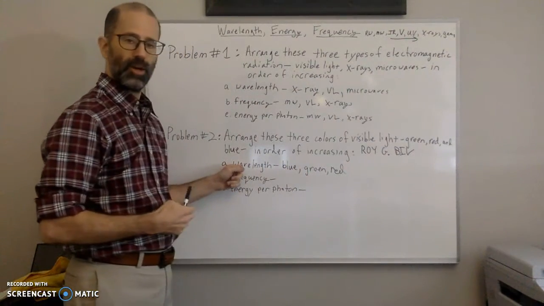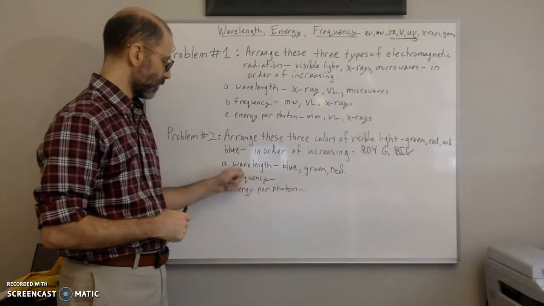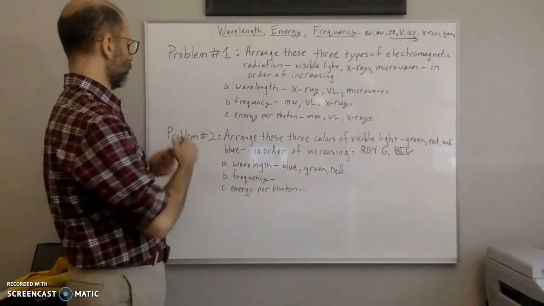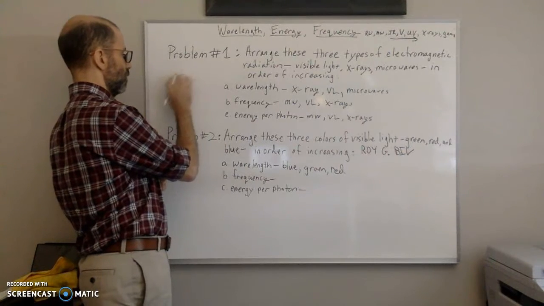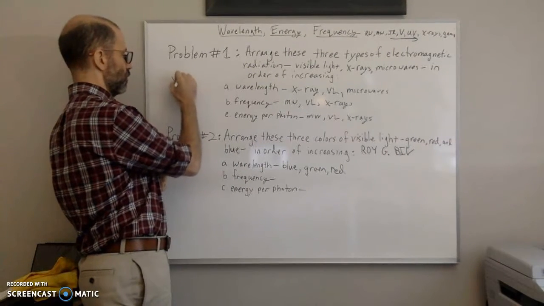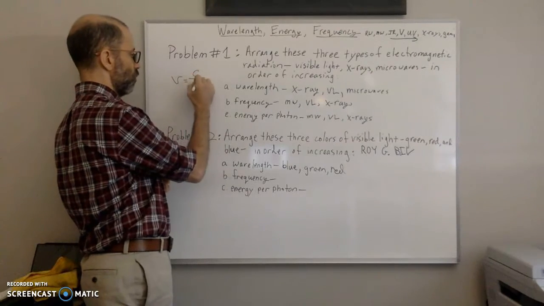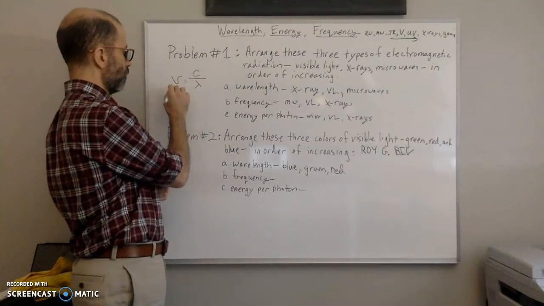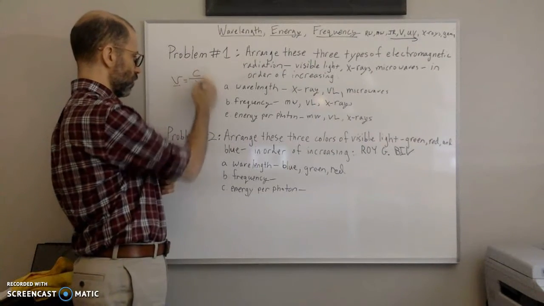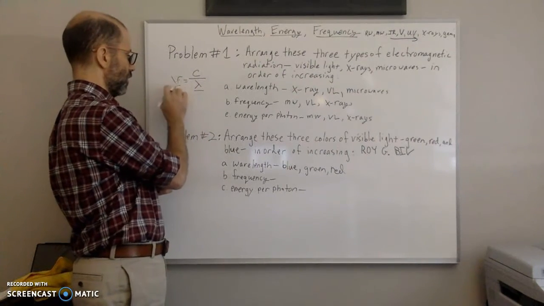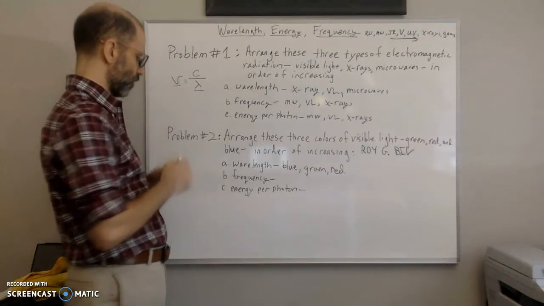So again, if I know the relationships between wavelength and frequency, remember the frequency equals c over lambda. So lambda and frequency, wavelength and frequency, are inversely related to each other.